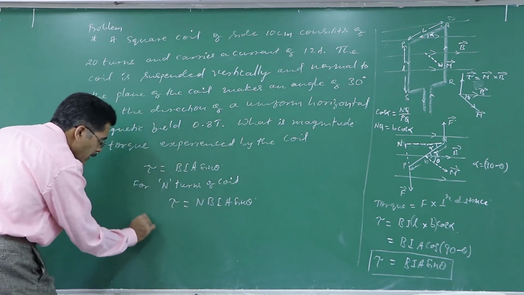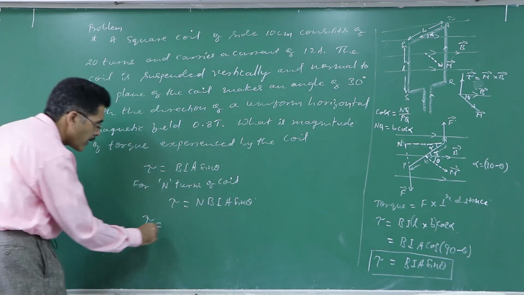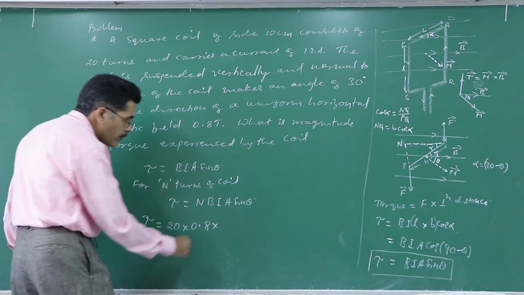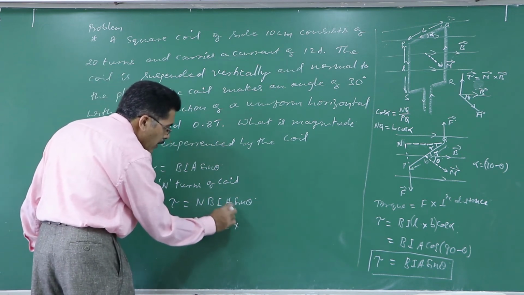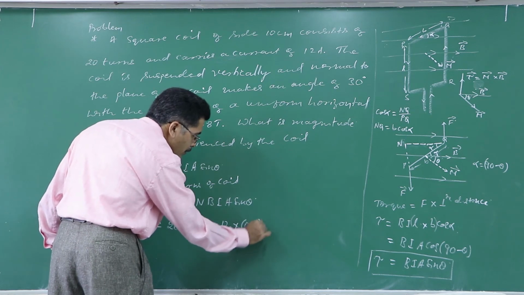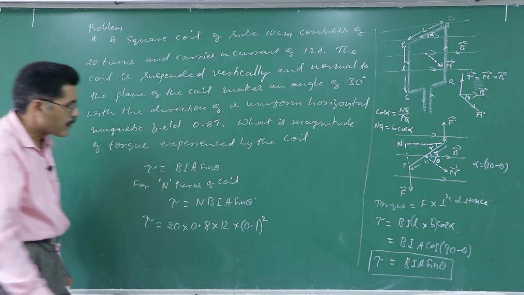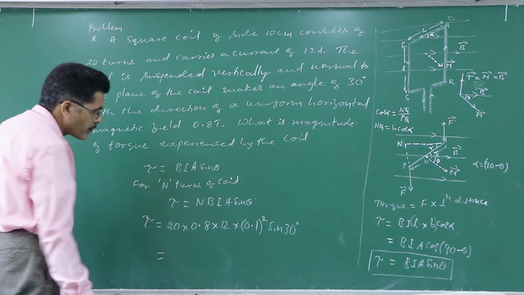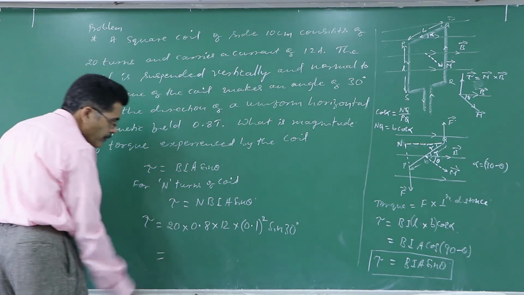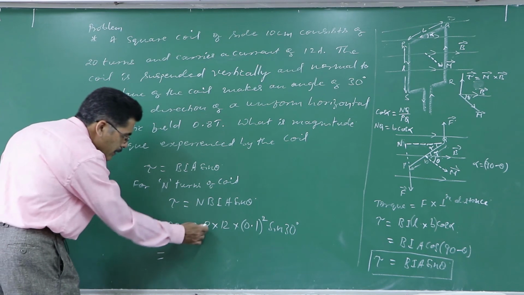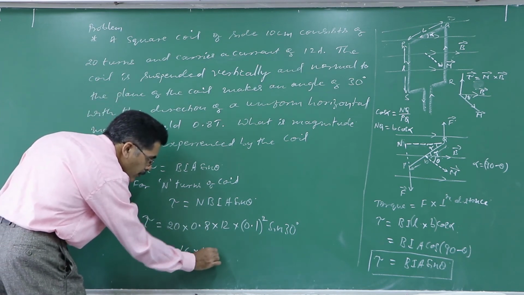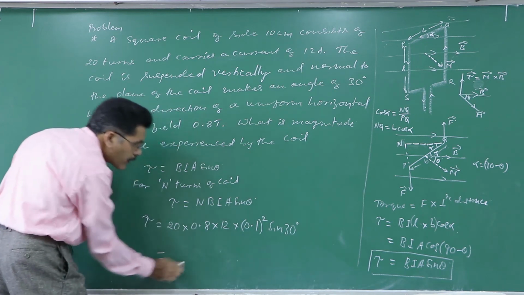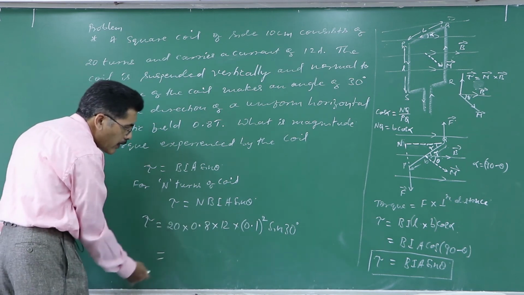Now substitute for this. What is N? N is 20 and the strength of the magnetic field is 0.8 Tesla. A current of 12 ampere is flowing. And what is the area? 10 centimeter square, or 0.1 meter square. Sin 30. Say this comes out to be, you please simplify this. This is 16 into 12.